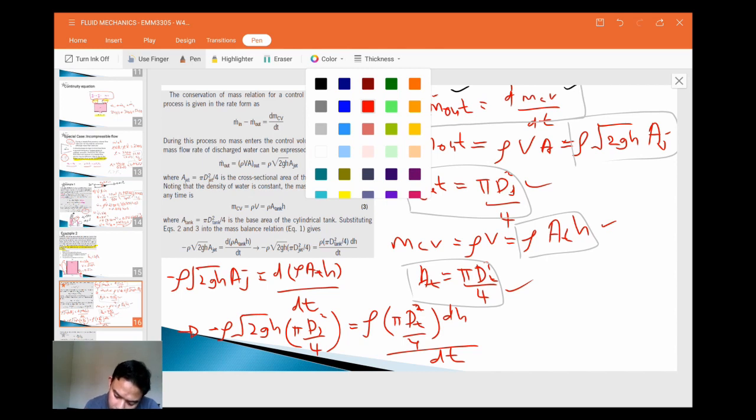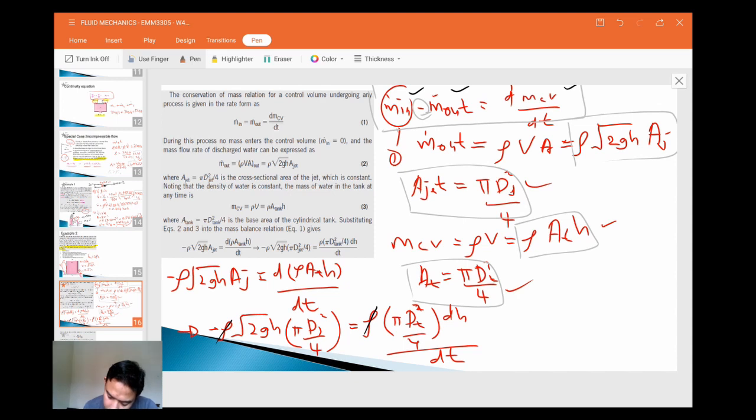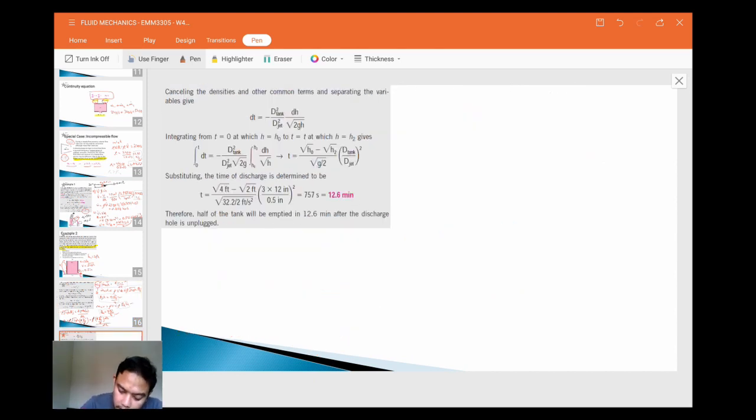For example, rho and rho can be cancelled, pi will be cancelled, 4 will be cancelled, so at the end what you will get is dt is equal to negative d square tank divided by d square jet, times dh divided by square root of 2gh.